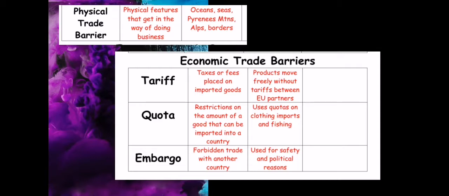In the case of quotas, we can give an example like some type of clothing or other articles that may not be allowed to be sold or imported from different countries. And the embargo, as I said before, is the forbidden trade of certain goods, and this may happen for some political reasons.